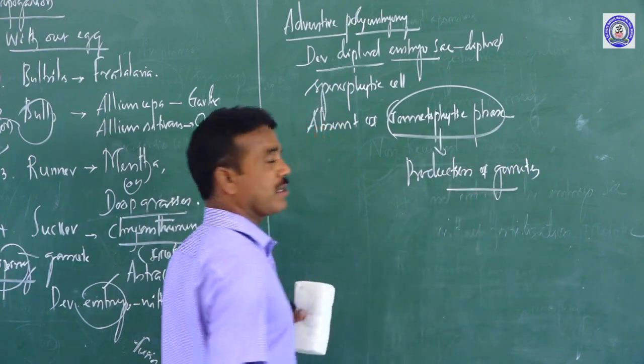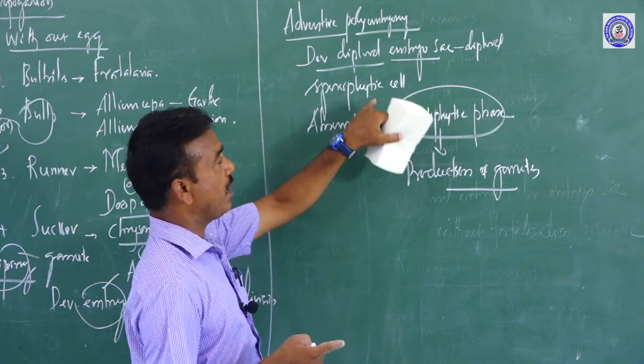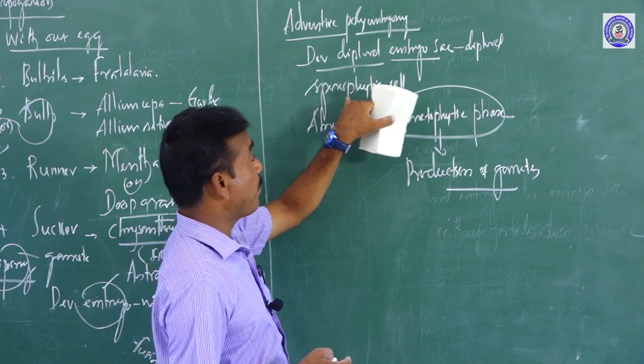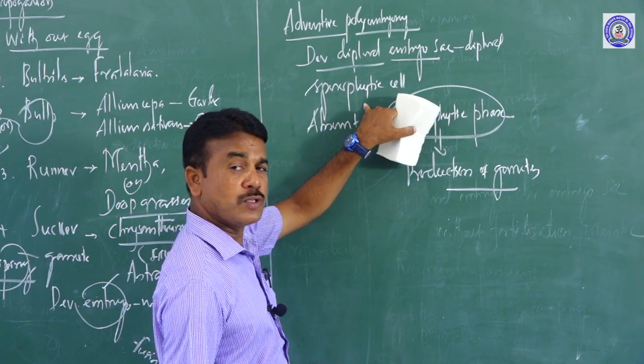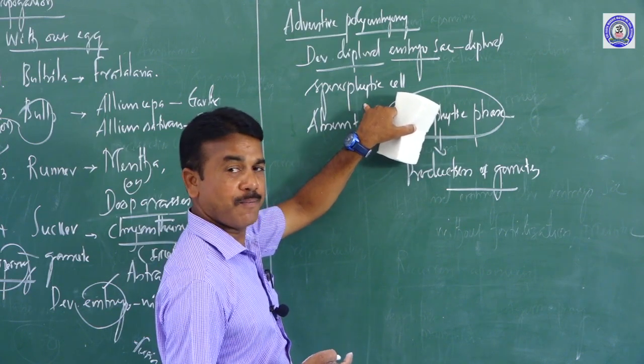So gamete production is completely absent, but the one highly involved is the diploid sporophytic cell. The diploid sporophytic cell develops to produce the diploid embryo sac.